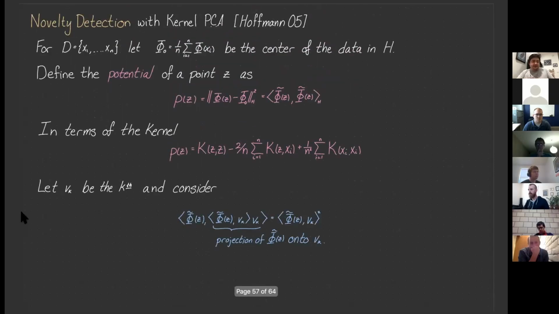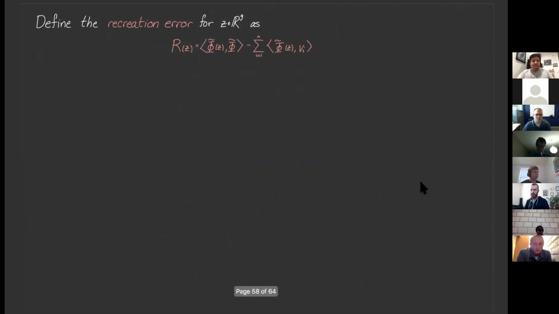And so if VK is, let's say, the kth eigenvector in your PCA analysis, we can project this phi tilde of Z onto its kth eigenvector for the covariance matrix. And we're going to define the recreation error for a point as just taking this and subtracting off the projection, more or less.